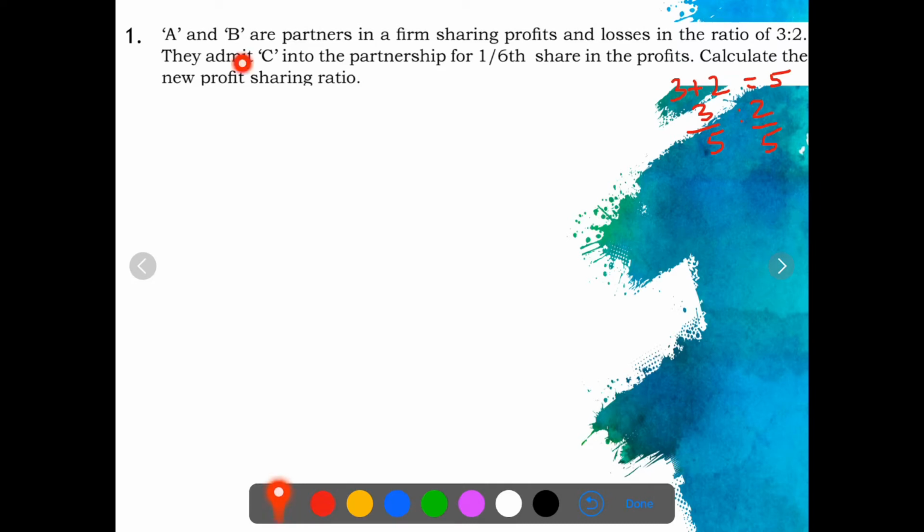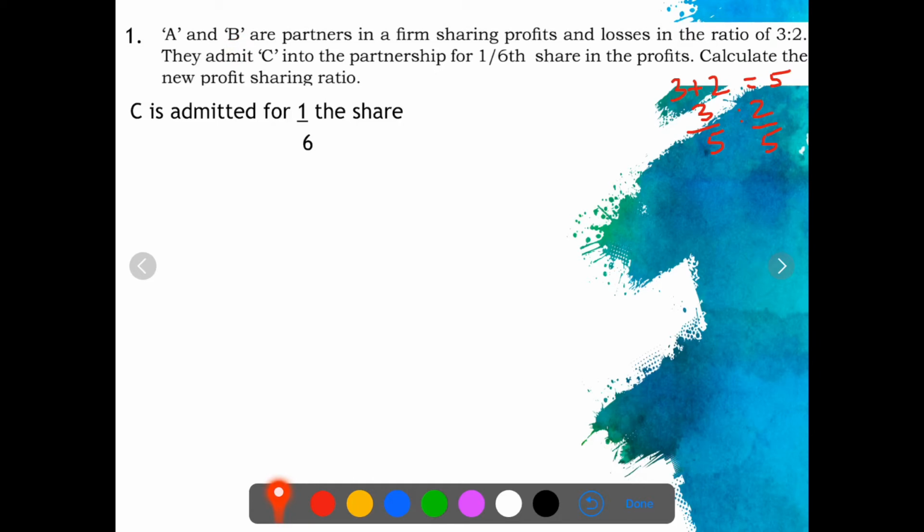Now C is coming into the partnership for 1/6 share. Let's calculate the new profit sharing ratio. C is admitted for 1/6 share, which is given in the question. Now, if 1/6 share is given for C, what will be the share of A and B?